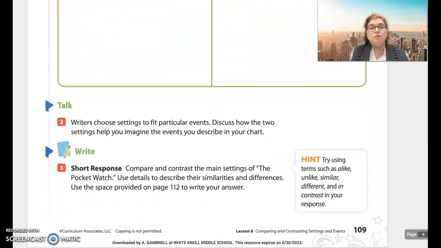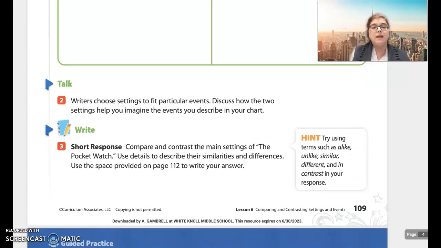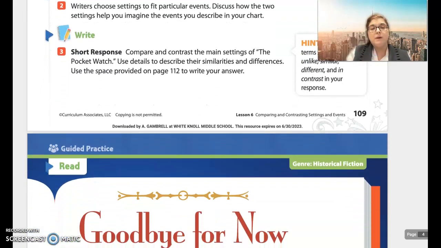I want you to choose the settings to fit the particular event and discuss how the two settings help you imagine the events you describe in your chart. Then I want you to write a short response comparing and contrasting the main settings of the pocket watch. Use the details to describe your similarities and differences. Use the space provided to write your answer. Hint, try using terms such as alike, unalike, similar, different, and in contrast in your response.